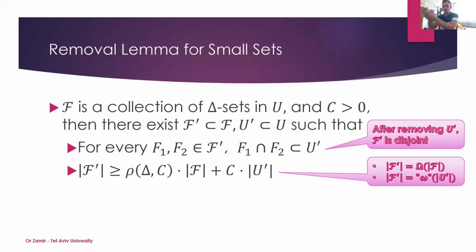So we can do something expensive for this small subset of the universe that we want to disappear, and we would be able to afford that because the collection we are getting, the collection that will become mutually disjoint after this deletion, is much, much larger than what we had to do.